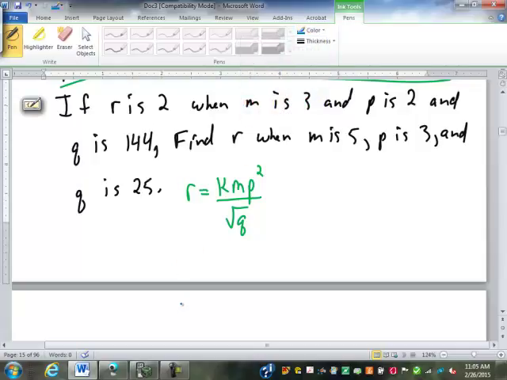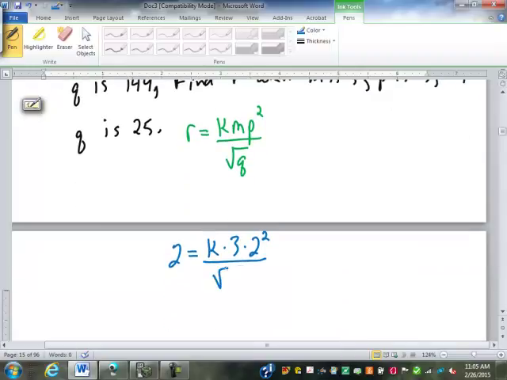R is 2, so we put 2 here, 2 equals. We're still looking for K. When M is 3 and P is 2, so that's 2 squared, over the square root of 144. Now remember, when we have this fraction bar here, this means divide, but it's also an enclosing symbol.